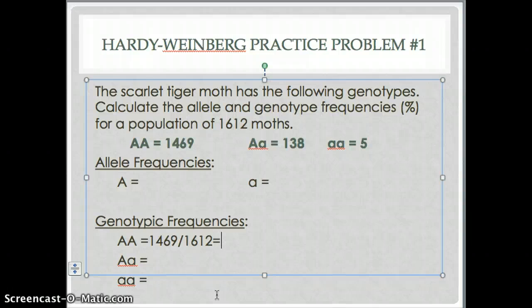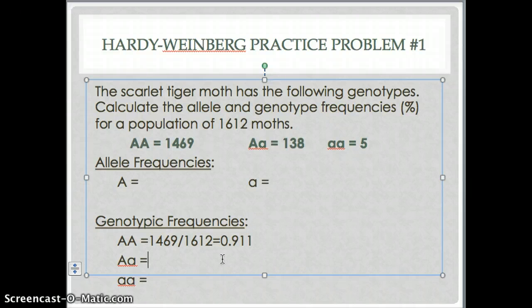And from that, let me do a quick calculation, I can get 0.911. Let me do three decimals, 0.911.